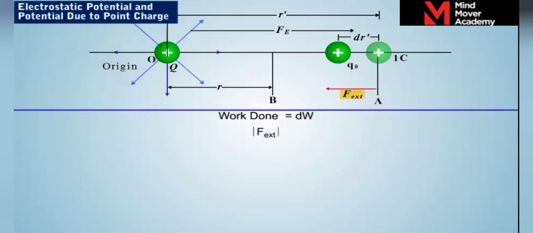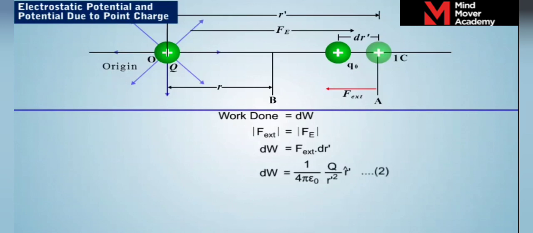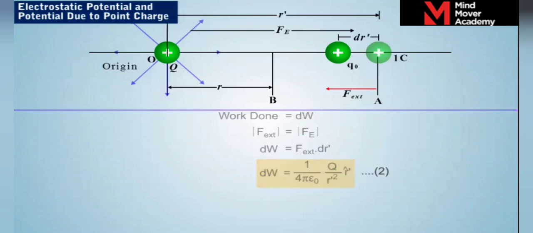The external force F required to move the unit positive charge is equal and opposite to the electrostatic force Fe. dW will be equal to F dot dr dash. Let us label it as equation 2. We observe from equation 2 that the value of dW is negative since charge Q0 is moved against the direction of the electric field.